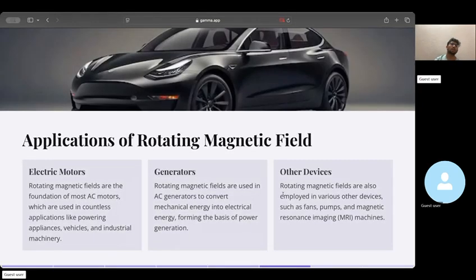So, applications of the rotating magnetic field. Applications include AC motors in electric vehicles, EVs, countless powered appliances, and industrial machinery. Then there are generators. AC generators basically use three-phase motors to generate electricity.